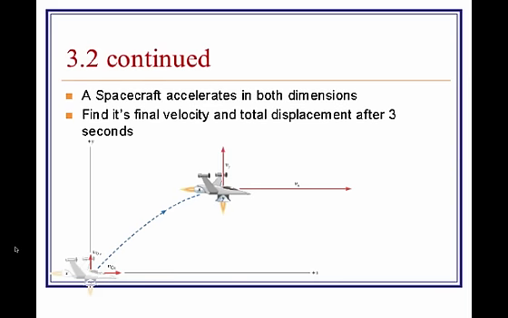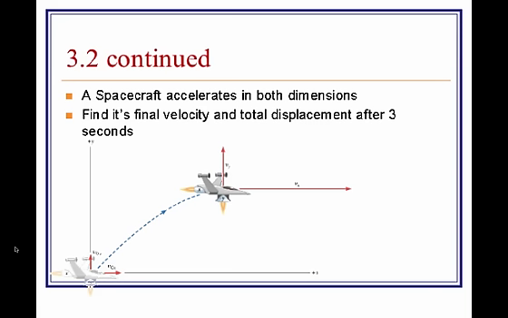Let's take a look at a sample problem. Here we will look at a spacecraft as it accelerates into a two-dimensional space. It has an initial velocity that has both an x and y component, and it also has an acceleration that has both an x and y component. We will consider it to have a constant acceleration throughout its flight. Things that we will be looking for are its change in position, so its change in x and change in y, and the final velocity, both in the x and y components.